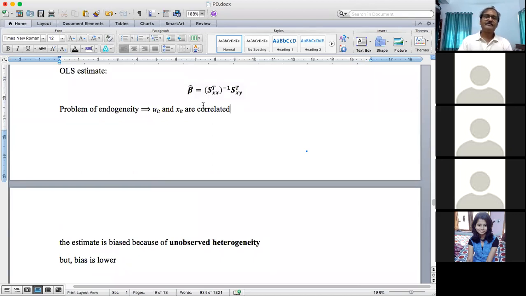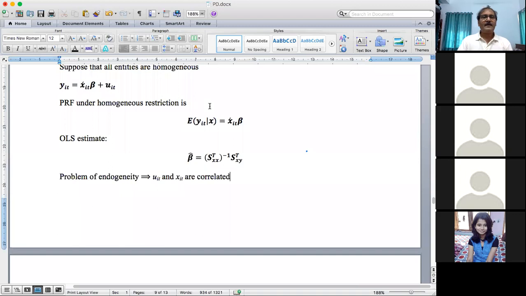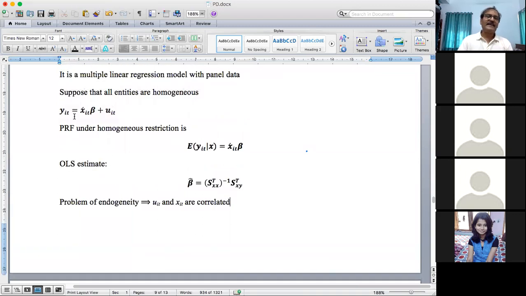Okay, and if you look closely at this model, there is no difference between our conventional multiple linear regression model and the pooled regression model. The only difference is that in a conventional multiple linear regression model, we use the suffix I on both sides, while in our panel data, we use the suffix IT.